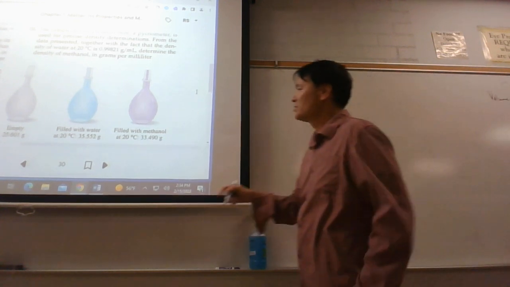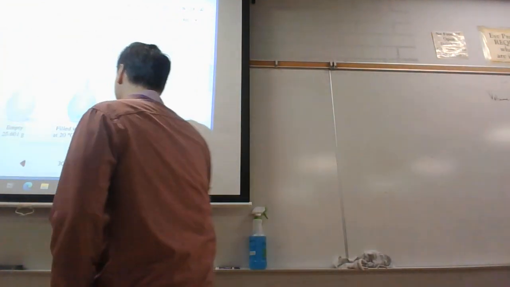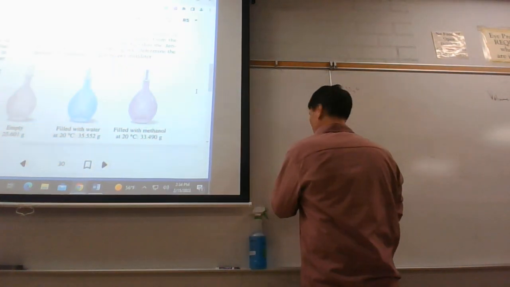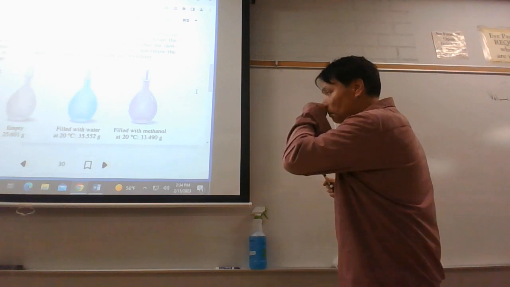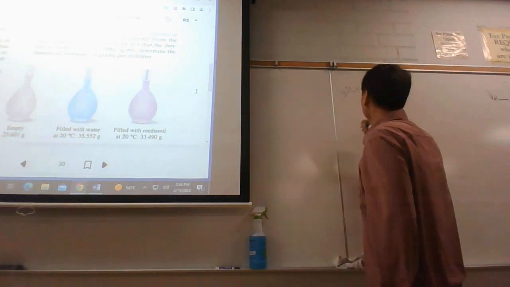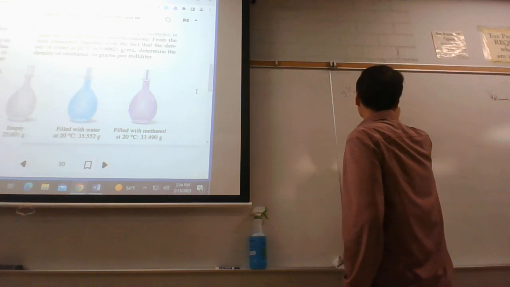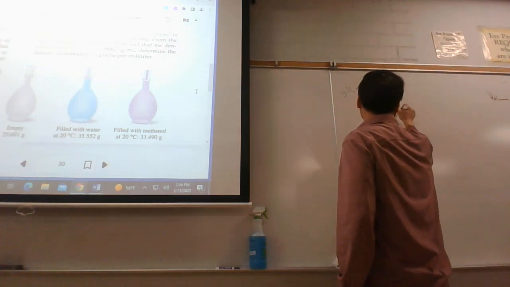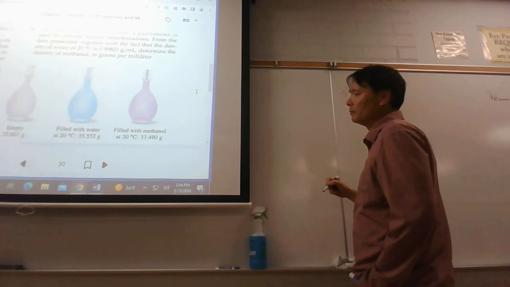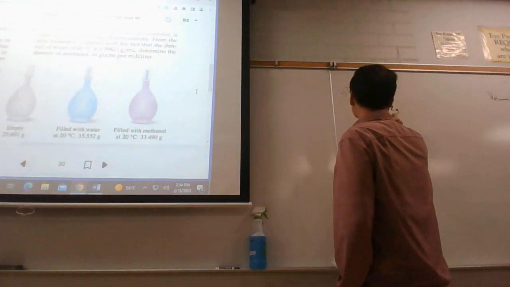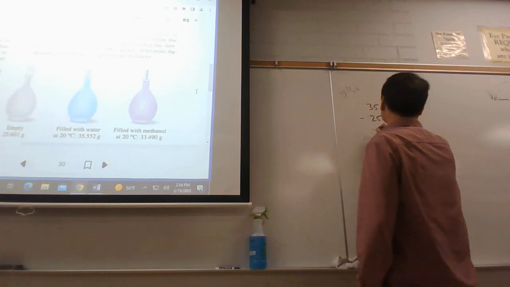Okay, so the first thing is we need to know how many grams of water we just added there. And so the grams of H2O is going to equal the pycnometer plus water, which is 35.552 grams, minus the pycnometer, which is 25.601 grams.